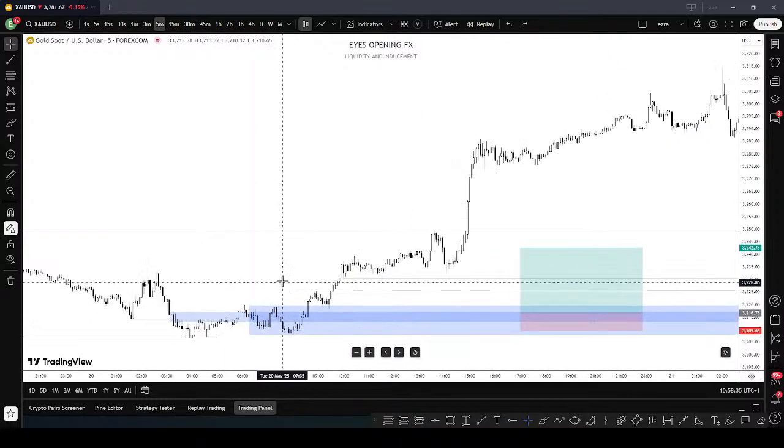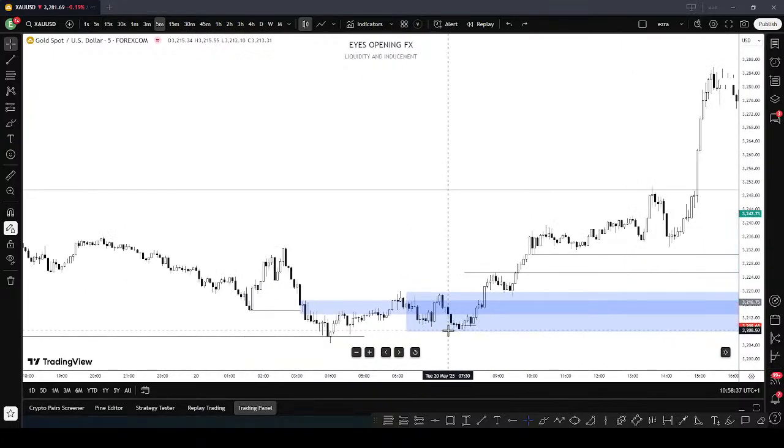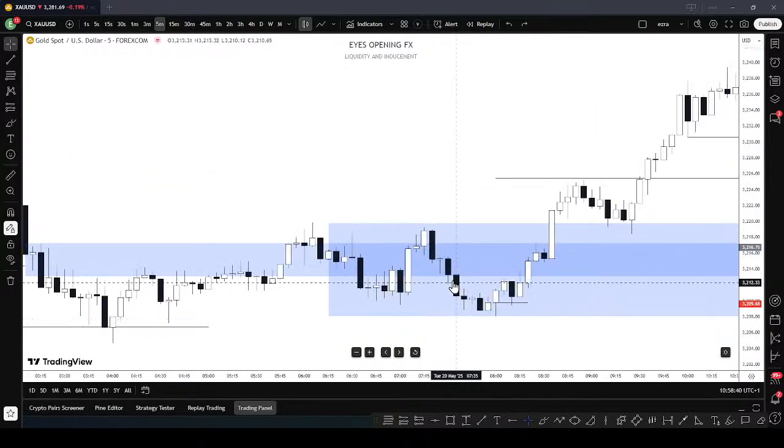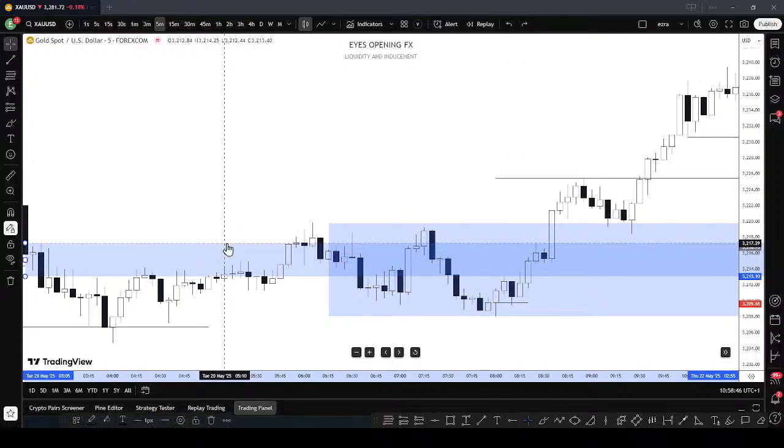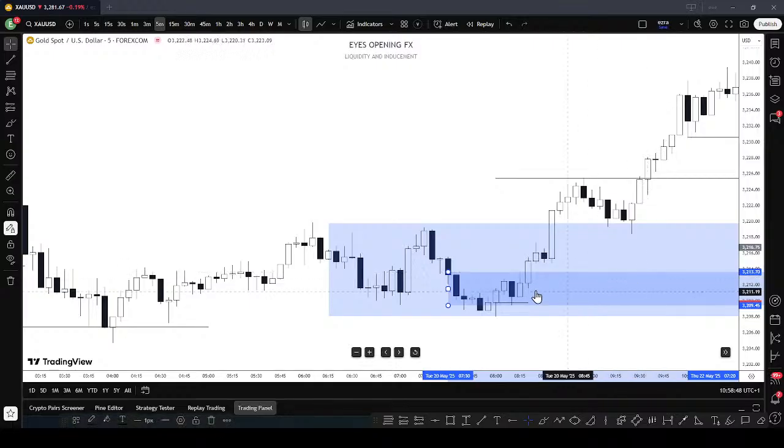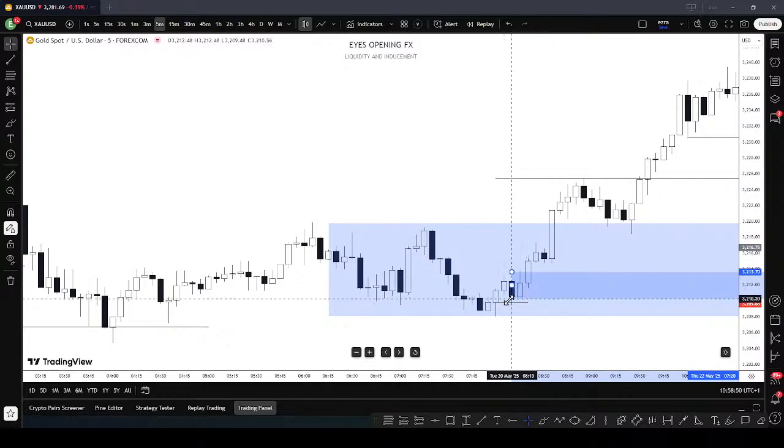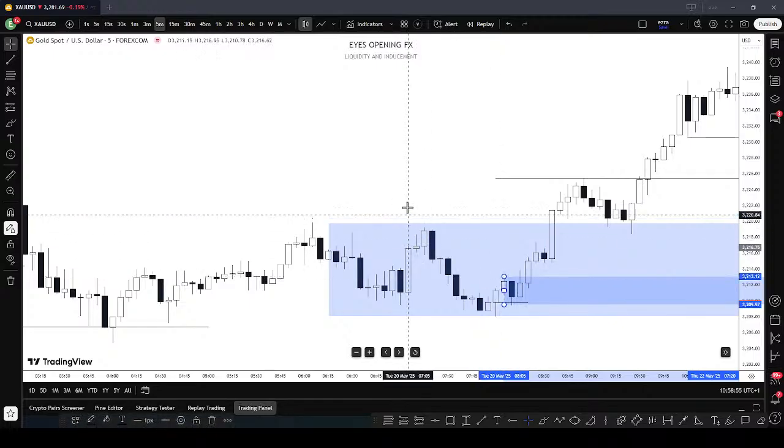So if you even want to refine it further to avoid some unnecessary mistakes, this looks like another proportion block here. Okay, instead of using this, you just use this level right here.